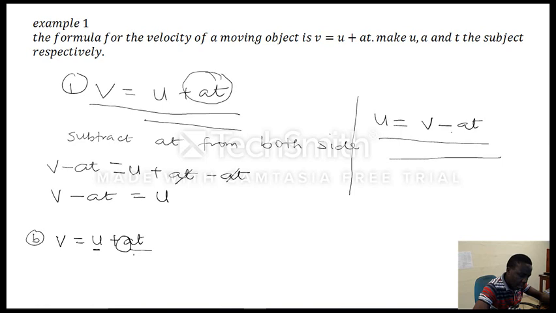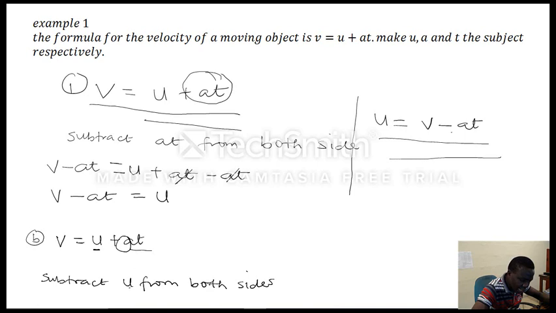So by doing this, I will subtract U from both sides. Why am I subtracting U? Because the opposite of addition is subtraction.